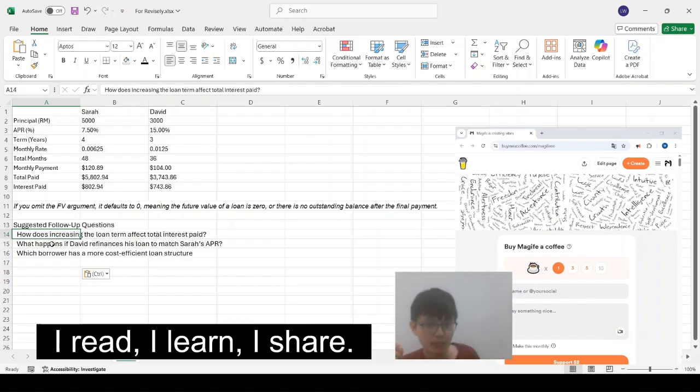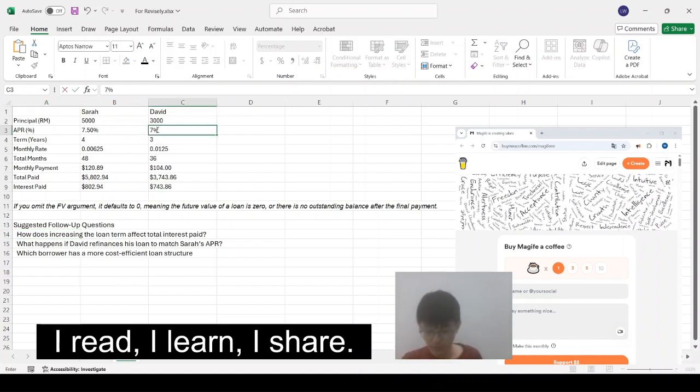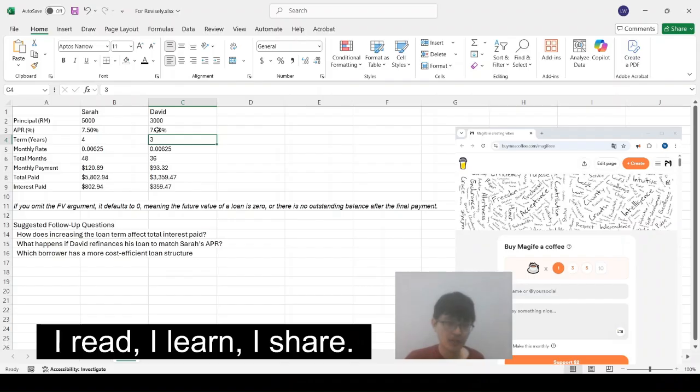So what happens if David refinances his loan to match Sarah's APR? So we just change the value to 7.5. So it becomes lower. So you lower the APR, you lower the interest paid.